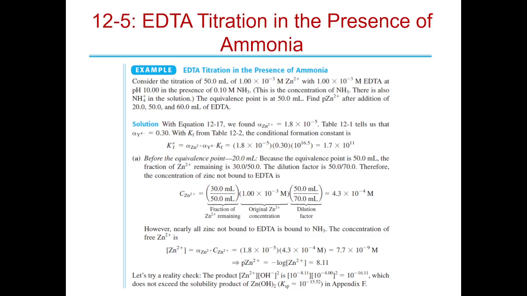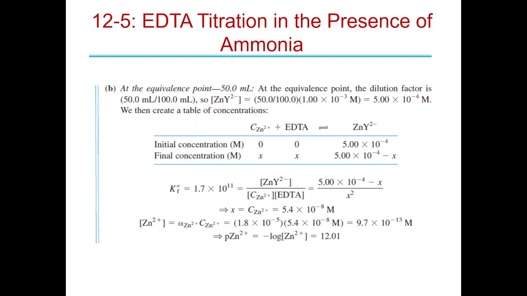And EDTA will be binding the remaining stuff. So you're looking at what's remaining after that. And so you have to subtract off both of those first, right? Which is what we were doing up here. Okay.